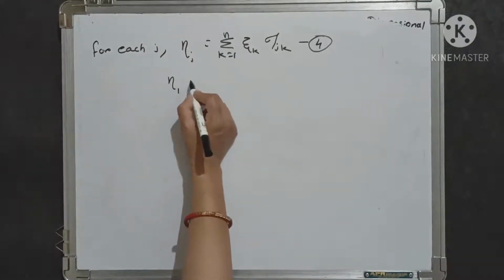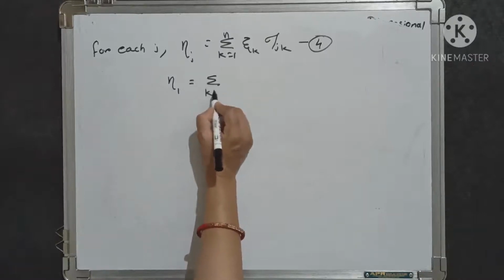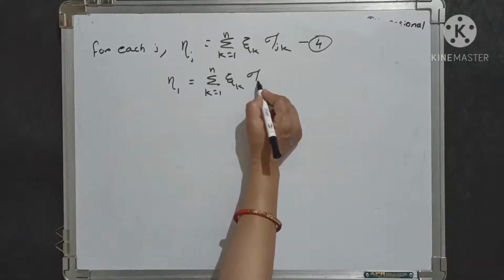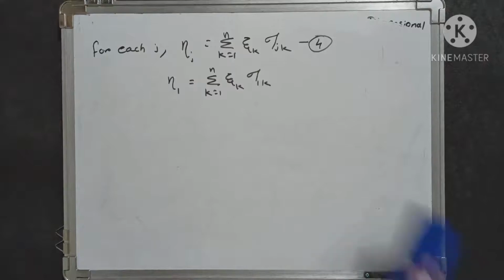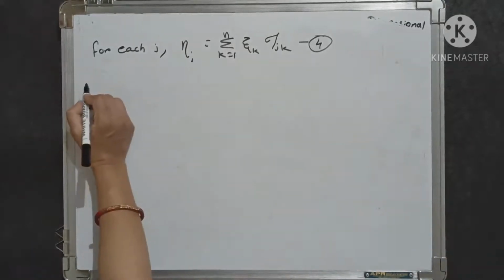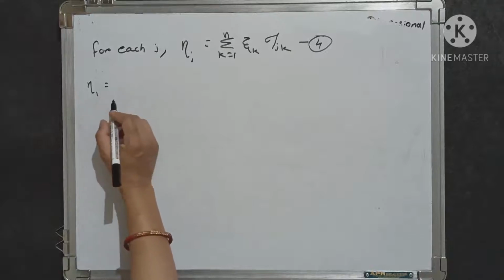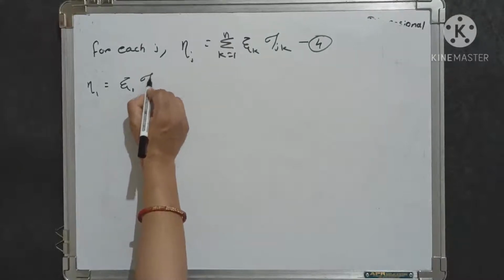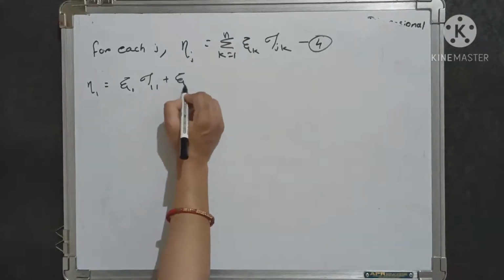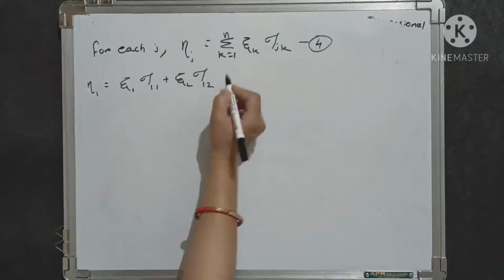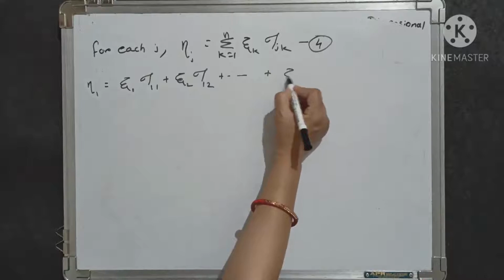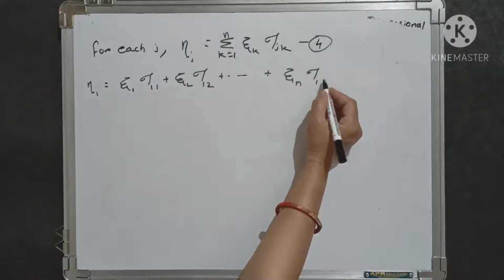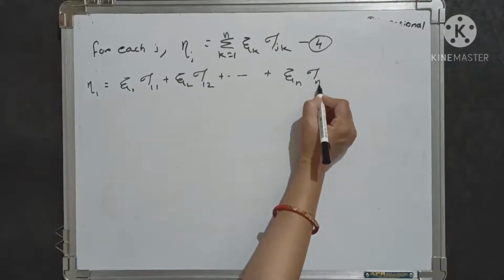Eta 1 equals summation k running from 1 to n of xi k into tau 1k. I am writing it here like this. Eta 1 equals, summation over k from 1 to n, therefore xi 1 tau 11 plus xi 2 tau 12 up to plus xi n tau 1n.